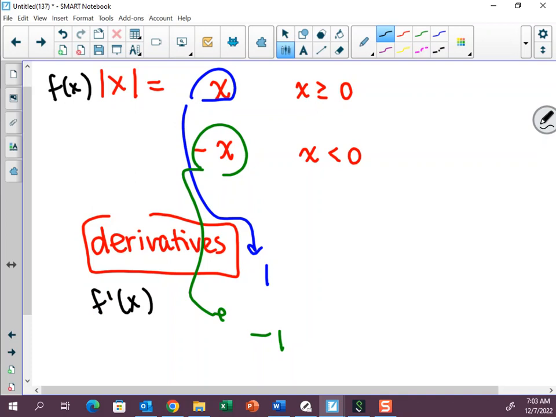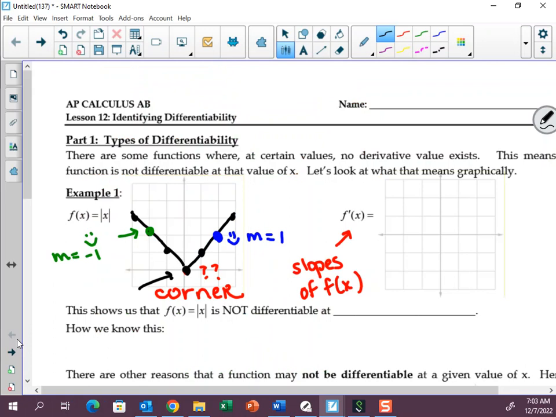The derivative of the absolute value of x can be two different things. It's 1 when x is greater than or equal to 0, and it's -1 when x is less than 0. Okay, you might need to pause and think about that or watch that again. Absolute value of x is really the function that has two pieces, which has two distinct derivatives, which graphically looks something like that.